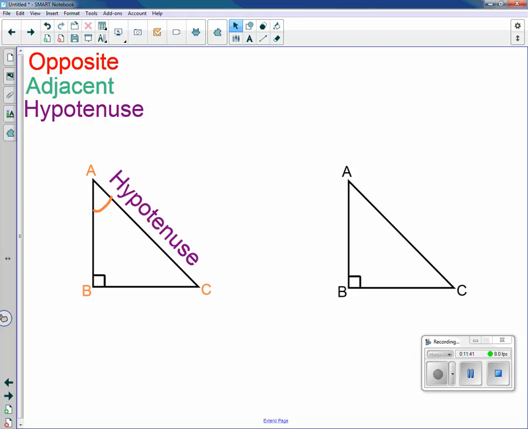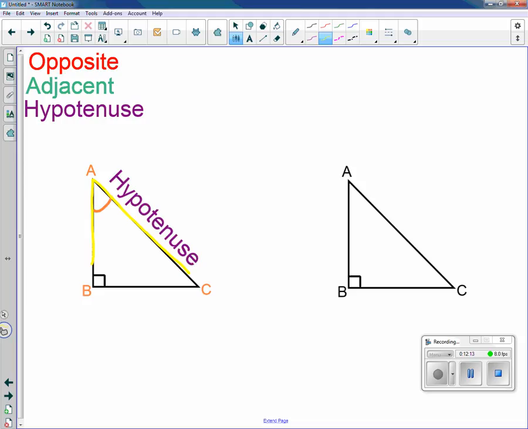Okay? Now, my adjacent side would always be the other side that creates the angle I'm talking about. Now, this is how I figure it out. I'm talking about angle A. Take your pencil or your highlighter, and let's highlight angle A. Do y'all see how I highlighted angle A?